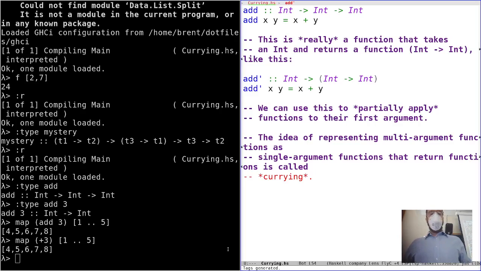It's named for Haskell Curry, who was a British mathematician, I think. The language Haskell is named after him as well. And it's named after him because he used it in a paper or something and clearly said that this other person invented it.